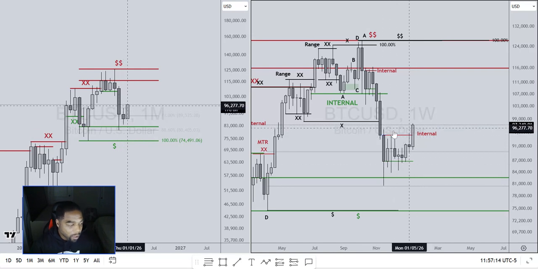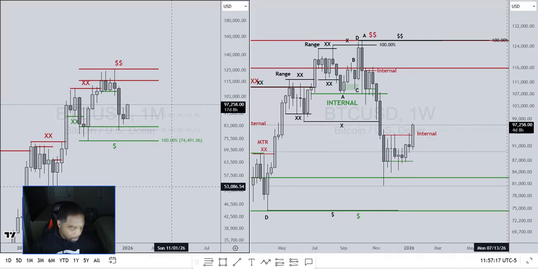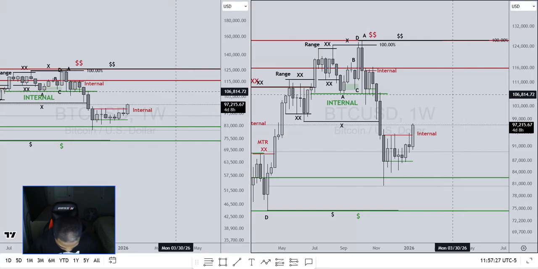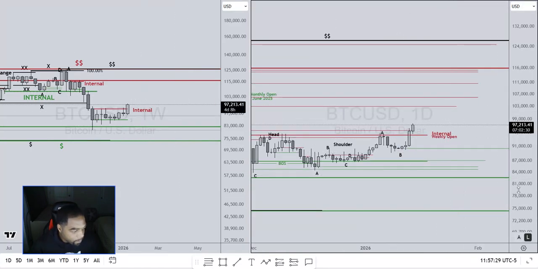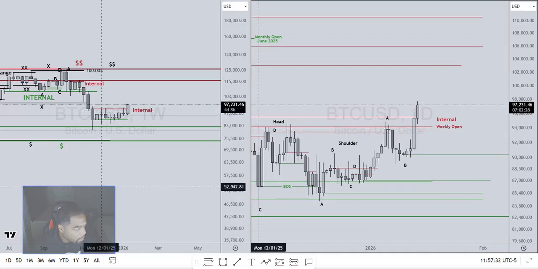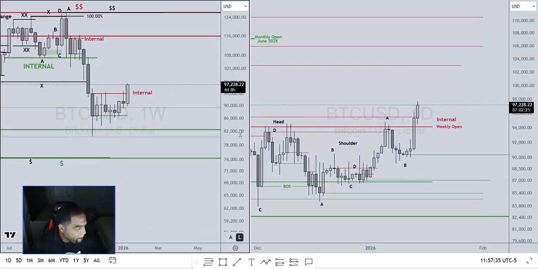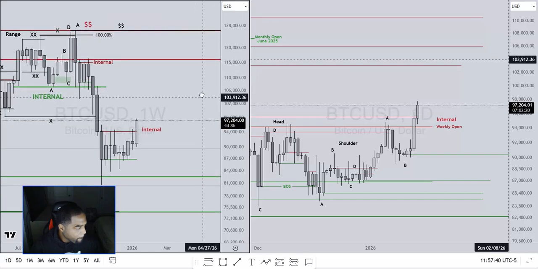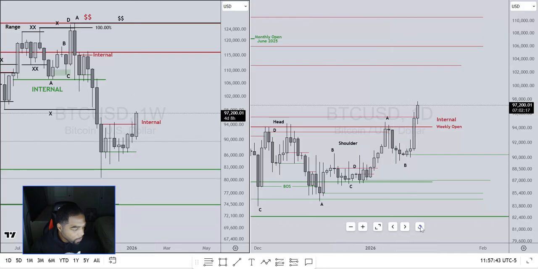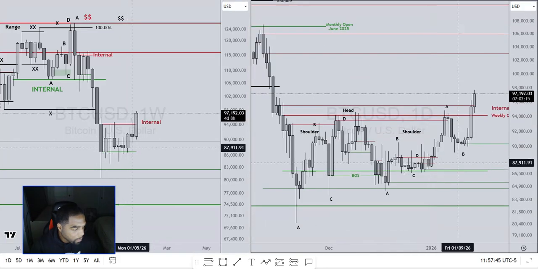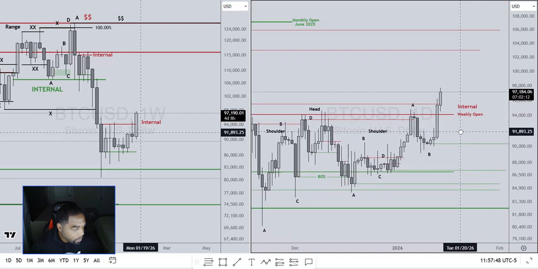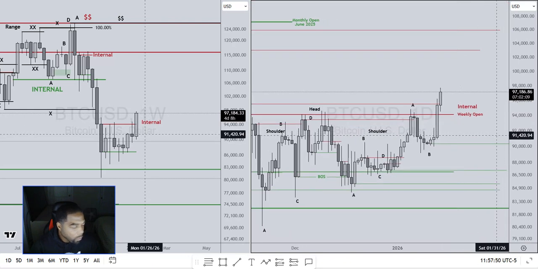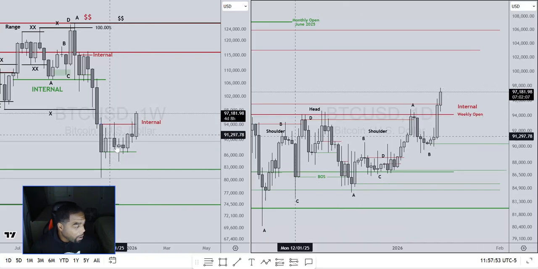So in order to determine what price is doing here, we want to read the price action that we are encountering here, right?